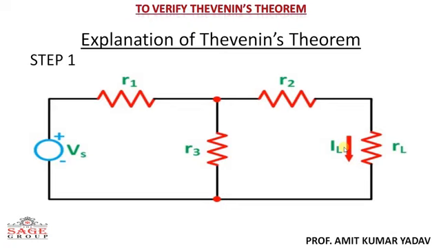So for calculating the current of this network according to this Thevenin theorem, what do you have to do? You have to calculate two things. First one is Thevenin voltage and second one is Thevenin equivalent resistance. So let's discuss both the things one by one.